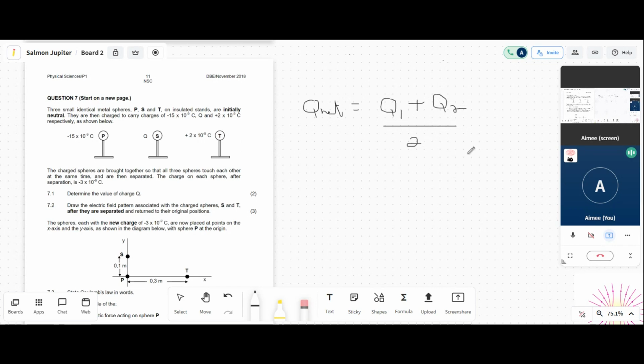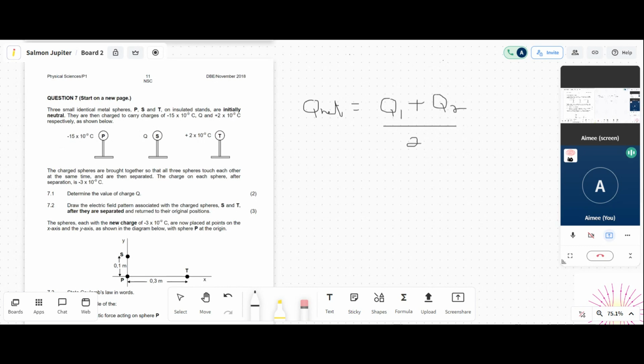Usually in the scenario, they'll say, oh, we've got two spheres, we bring them into contact. What is the new charge? So then you substitute in the charge with the sign, the negative or the positive, into here. For the second one, you substitute into here, also with a sign, and you divide by 2, and that will be the new charge on both of them. Because charge is equally distributed between objects that come into contact with one another.